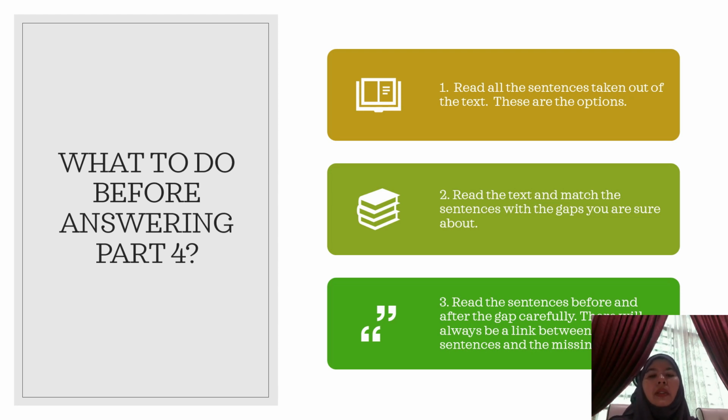Okay, next, read the text and try to match the sentences with the gaps that you are sure about. Next, number 3, look at and read the sentences before and the sentences after the gap carefully.